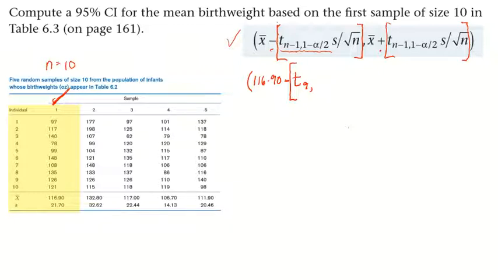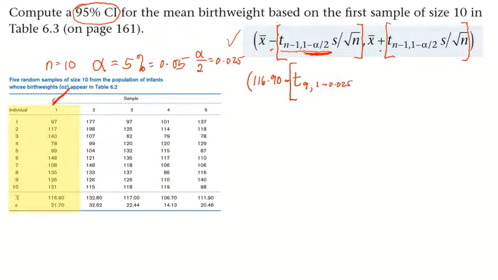Now, because we are being asked for a 95% confidence interval, the remaining 5% will be our alpha, or 0.05. So this 1 minus alpha over 2 is actually 1 minus, what's alpha over 2? What's 0.05 over 2? Our alpha over 2 will be 0.025.